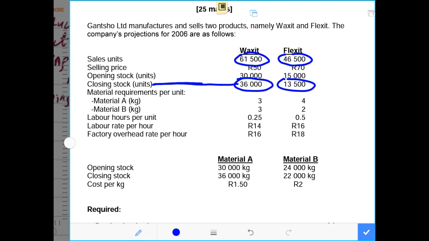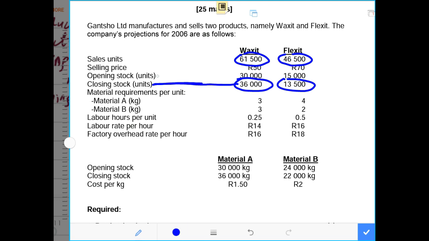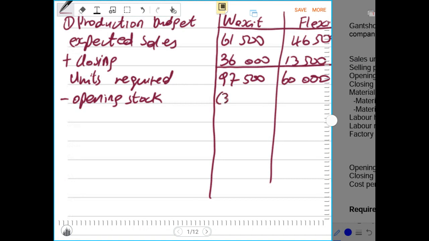So now opening stock, since it will not be produced in the current period, will have to be deducted. Therefore, here is our opening stock of 30,000 units and 15,000 units. So now we take all that. That means we say less 30,000 units and less 15,000 units, because these units would have been produced in the previous accounting period and became an opening stock in the current accounting period.